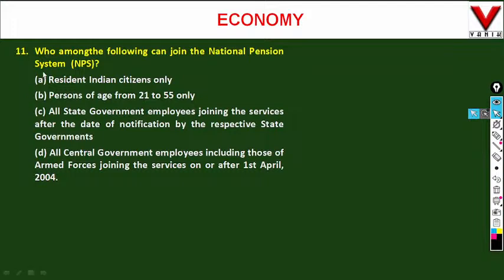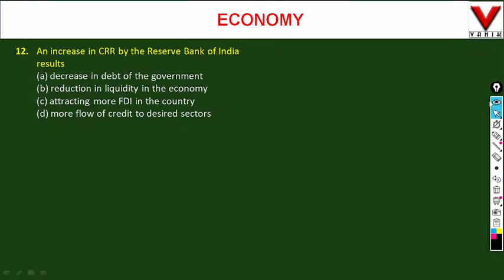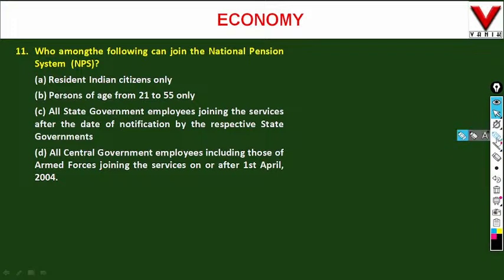NPS was compulsory for whom? Except for armed forces, every central government employee can have the NPS.